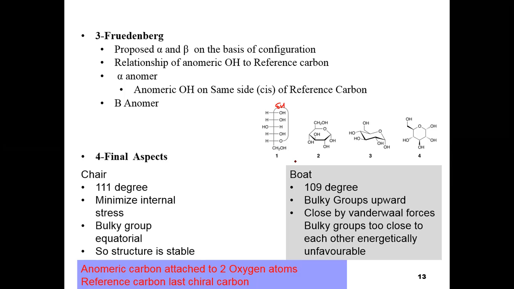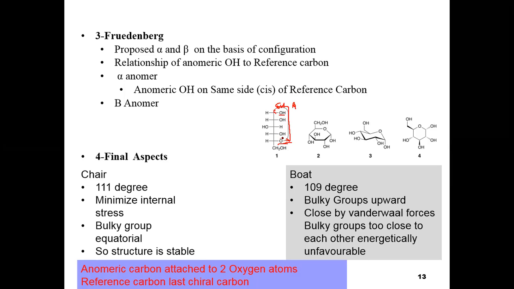So for example, this one is the last chiral carbon, and this one is the carbon which is attached to two oxygens: one oxygen of this hydroxyl group and the second oxygen is this one. So this is the anomeric carbon, and the last chiral carbon is known as the reference carbon.